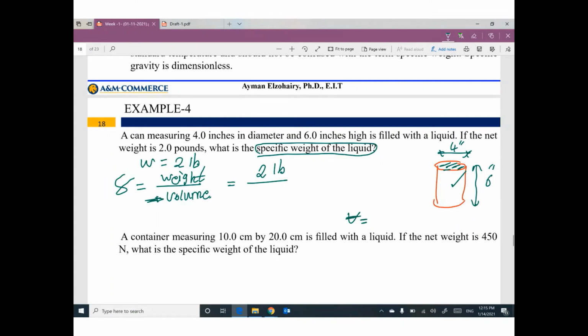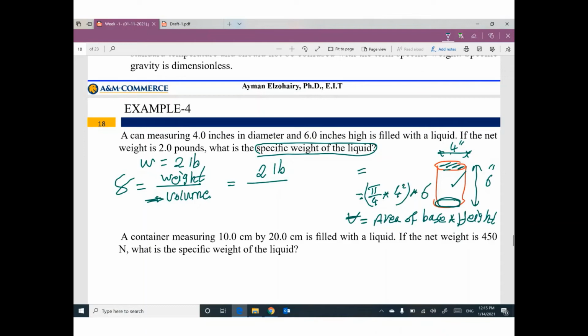Volume of a cylinder equal area of base times height. That's right. The base is circle. So pi divide 4 times diameter square. This is the area of the base. The height of this cylinder is 6.